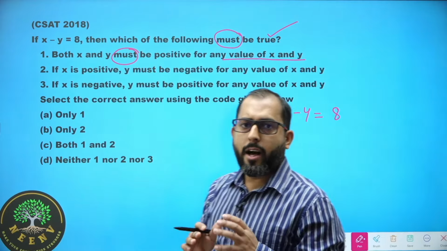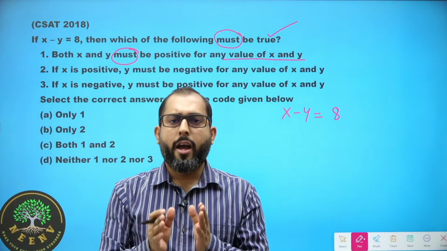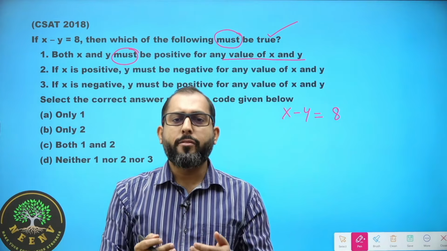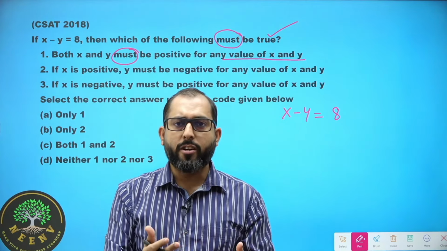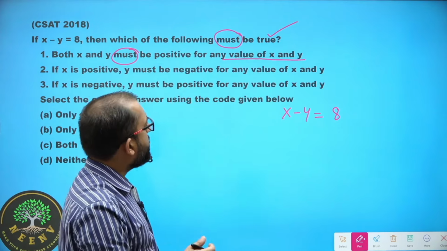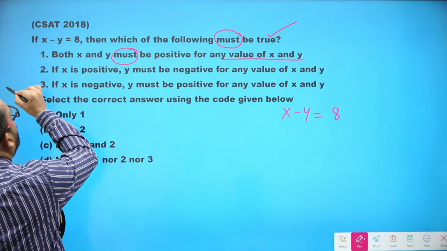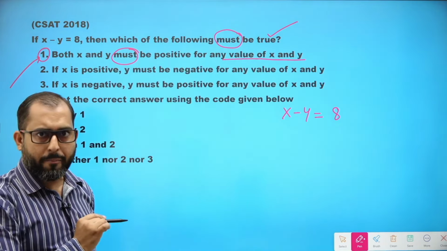So guys, we have discussed a similar kind of question already, and I have told you whenever a statement has word like definite or must, in those cases we just have to find out one such condition which will negate the statement.